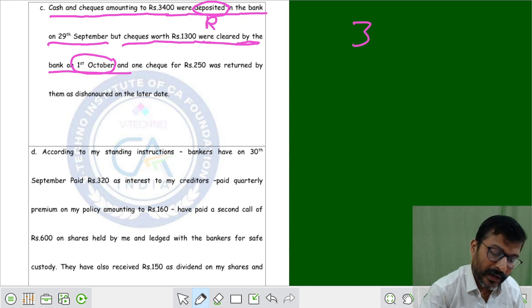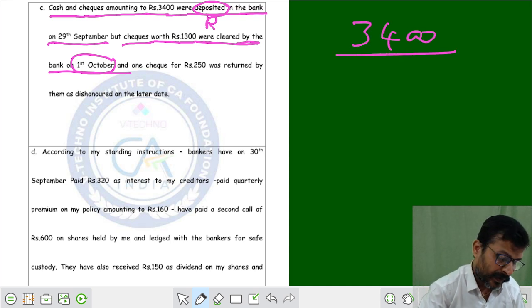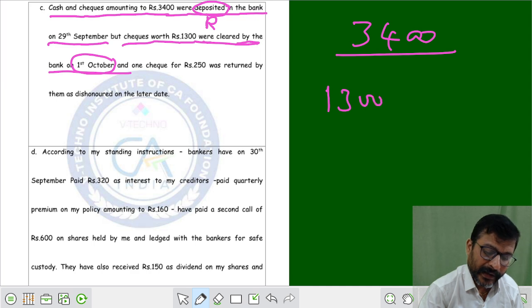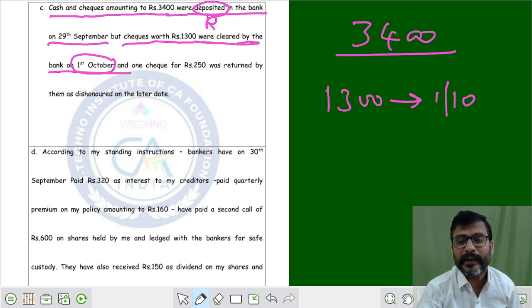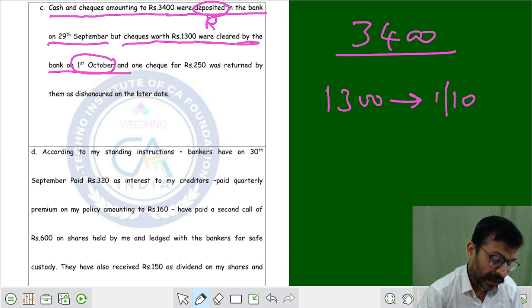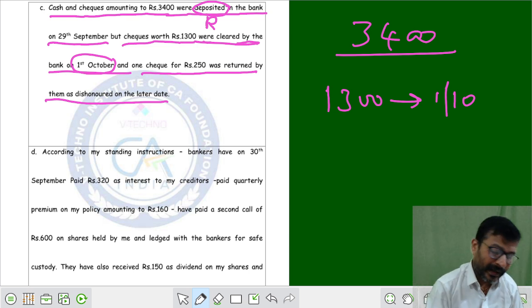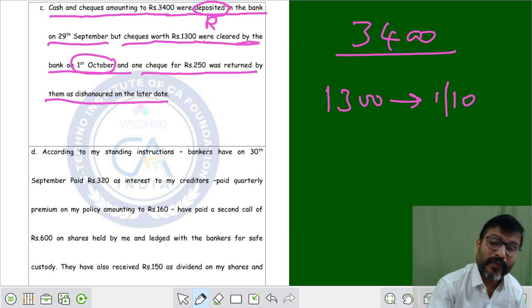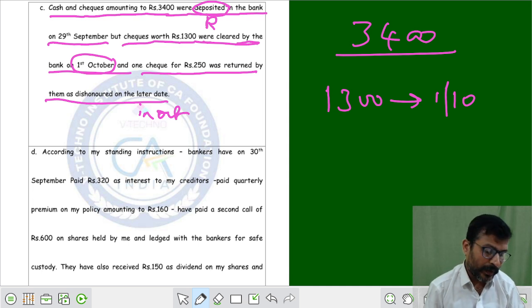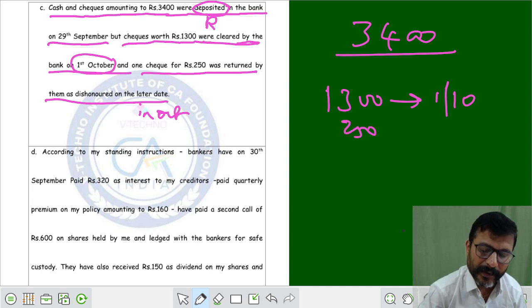Out of 3,400, 1,300 cleared on 1st October, means not cleared in the month of September. And one check of 250 returned dishonored on a later date. On a later date means after 1st October, so this also happened in the month of October. How much is it? 250.